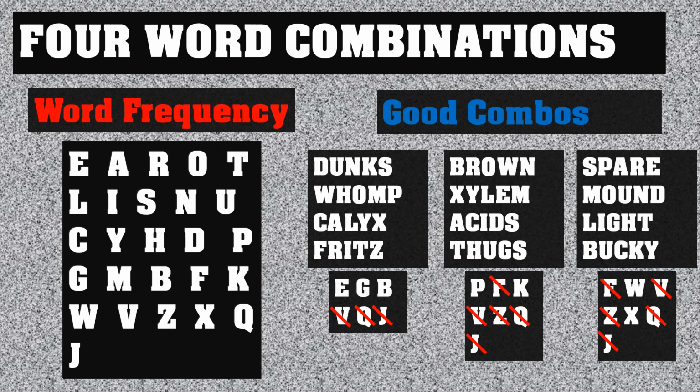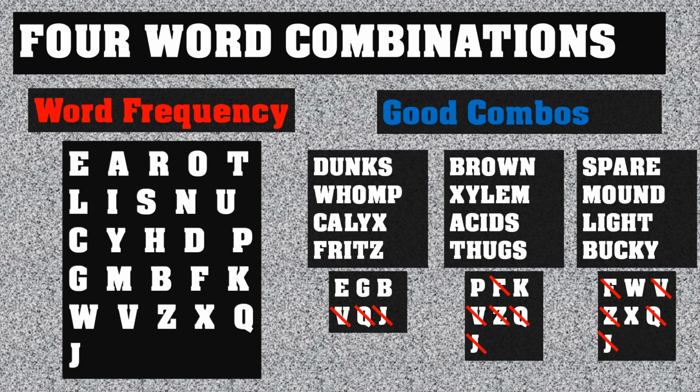If you use the spare, mound, light, and bucky list, really the advantage is that the W and X aren't being used versus the P and the K. So you can see that the third list is a stronger list of 4 words that gives you good coverage of the letters based on frequency, and in almost all cases, if you use those 4, you'll be able to solve it in the final 2.